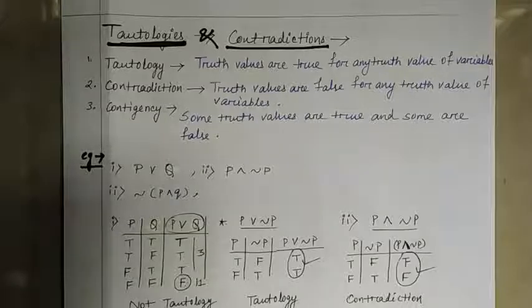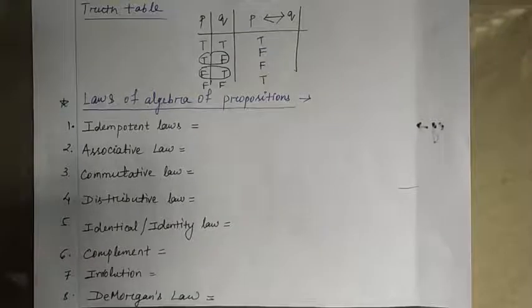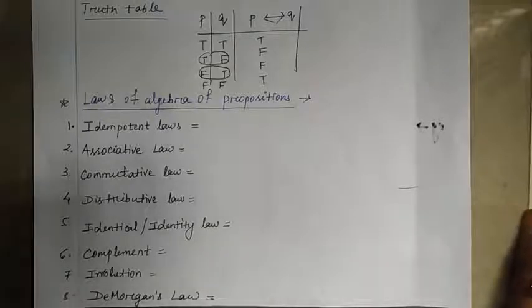Students, last class we saw tautology and contradiction. So I told you that next class we'll get to know the laws of algebra of propositions. So we'll see what the laws are. First is the idempotent law. So what is the idempotent law?